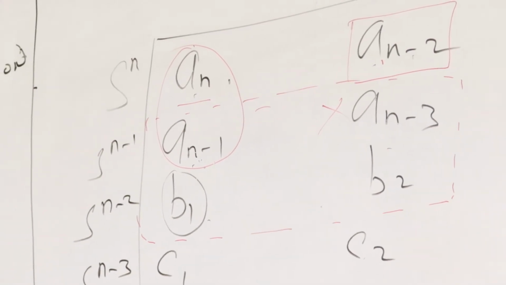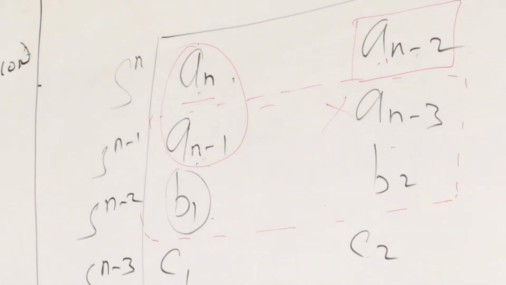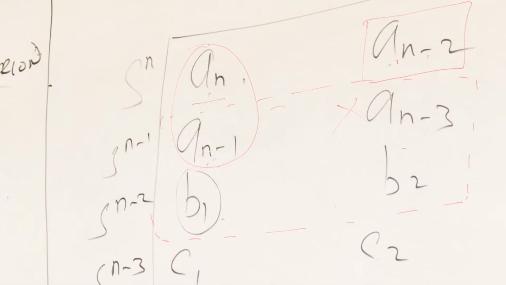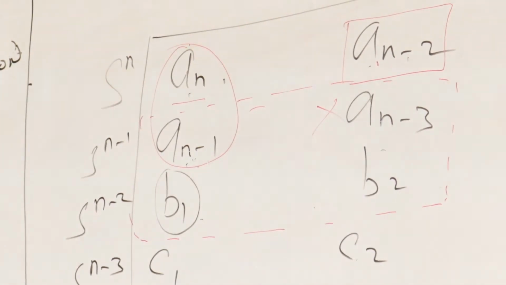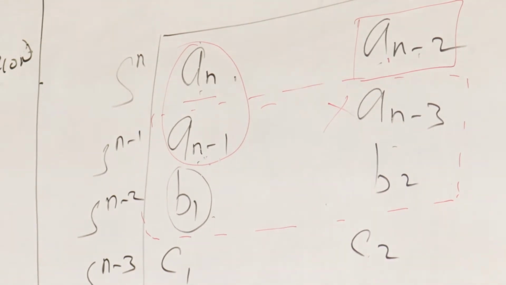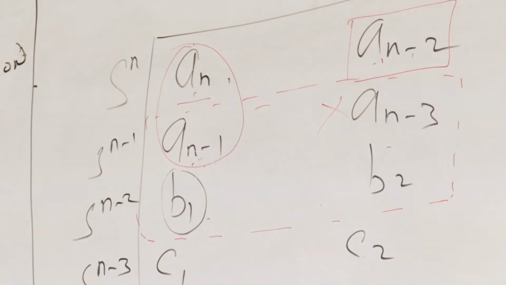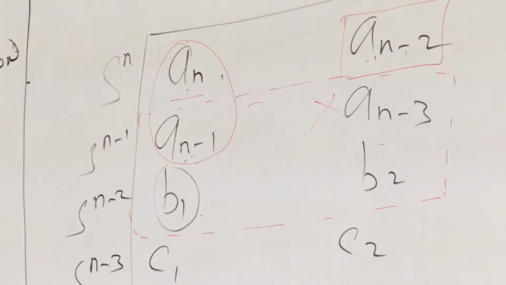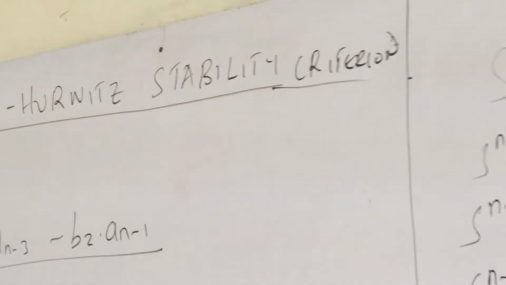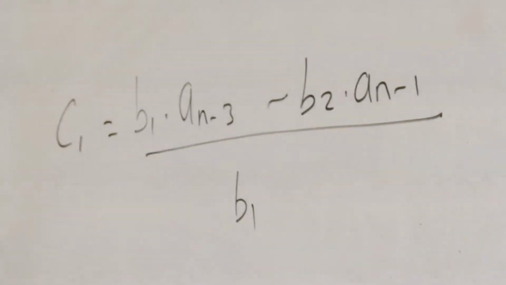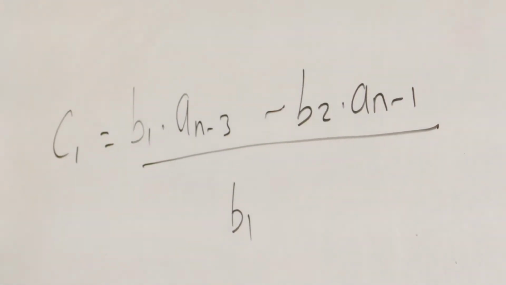So it's going to be this times that. So we are being told that it is B1 times AN minus B2 AN minus 1 all over B1. Then what of C2?